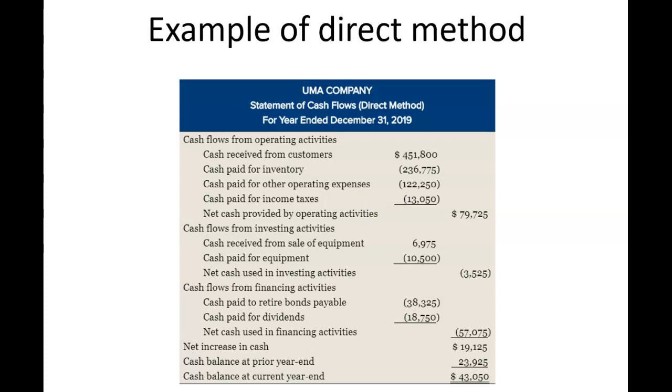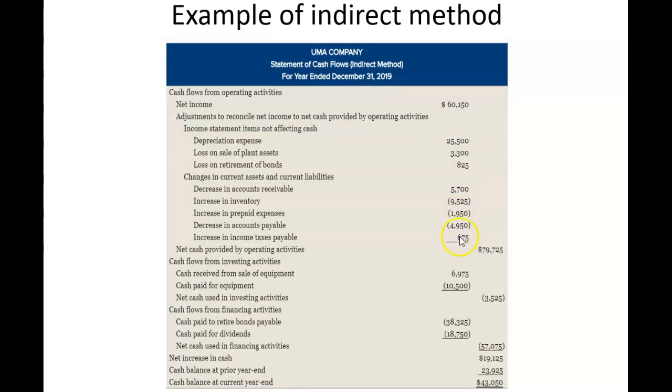Therefore, generally accepted accounting principles allow the use of either method. GAAP does not require the use of either of these methods. It allows the companies to choose which method they want to present. It looks like the direct method is easier because you only have 4 numbers as opposed to a whole bunch of numbers to calculate it under the indirect method.